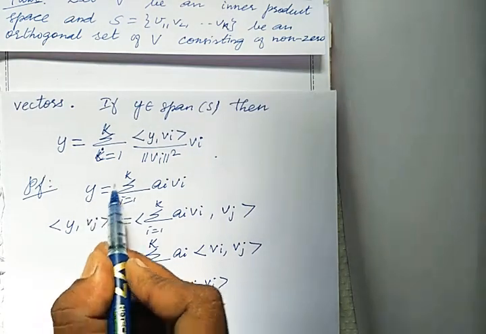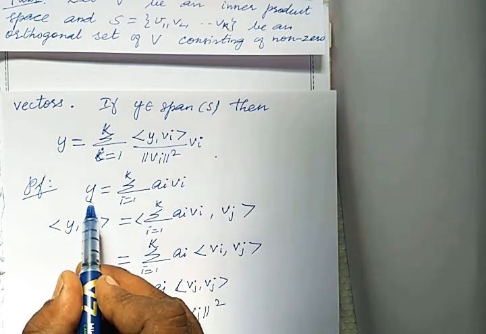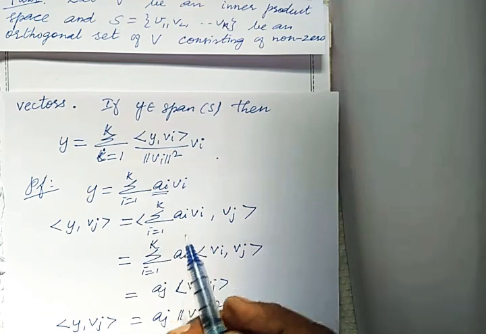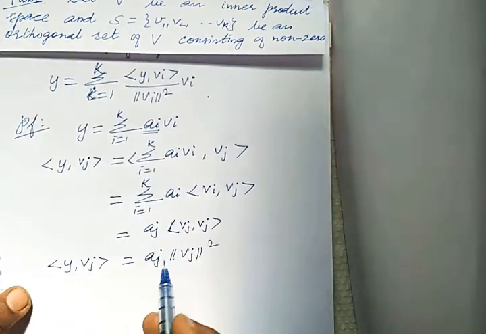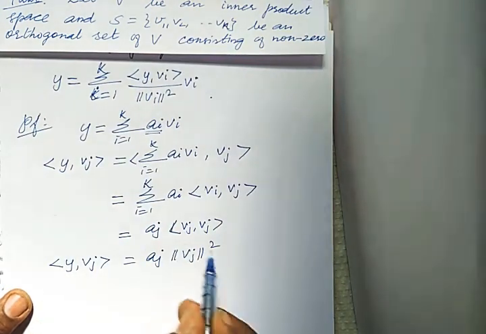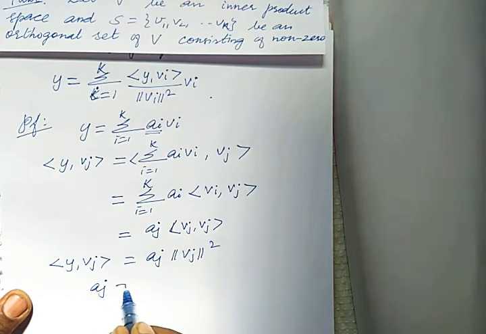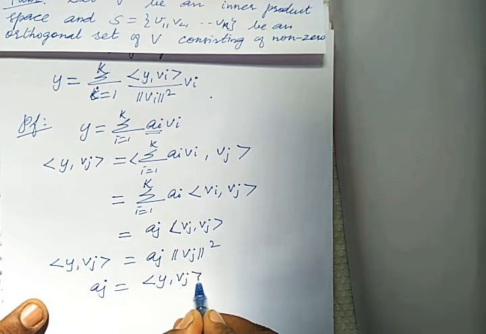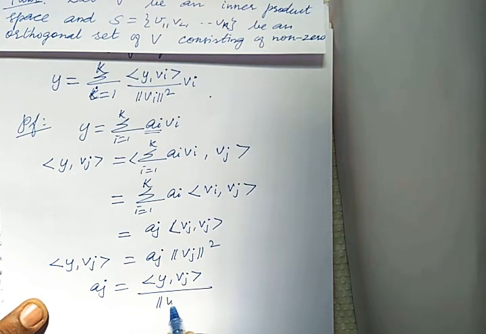So y belongs to span of S means y can be written like this. To find the coefficient is the duty. So the coefficient aj can be derived from this formula: aj is equal to the inner product of y comma vj divided by norm vj squared.